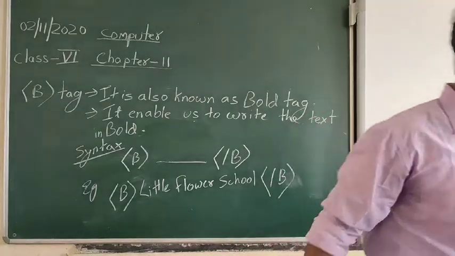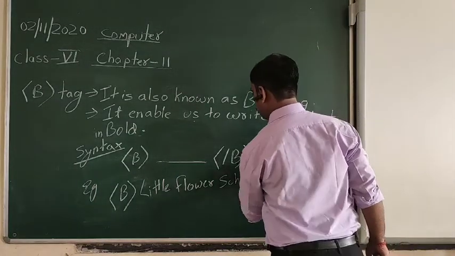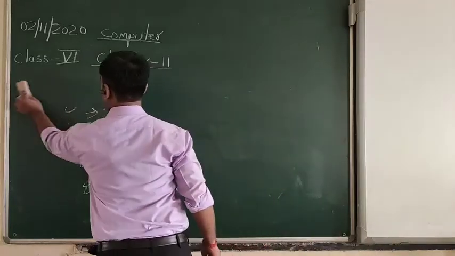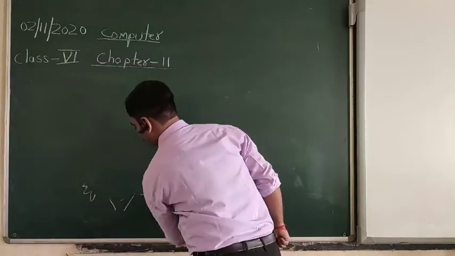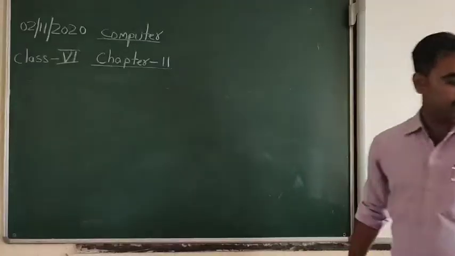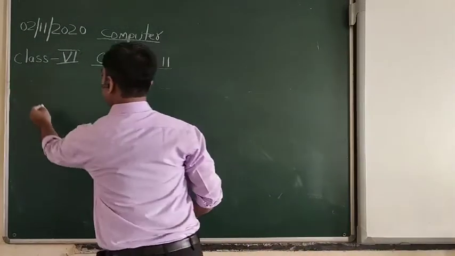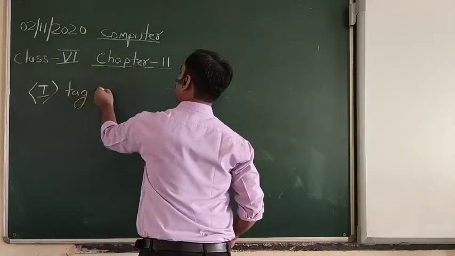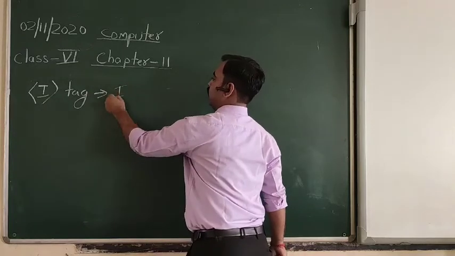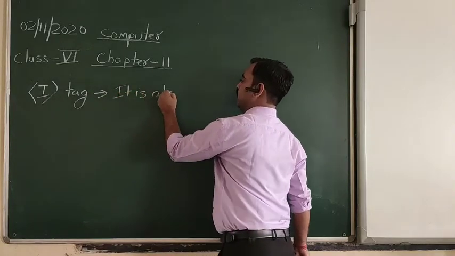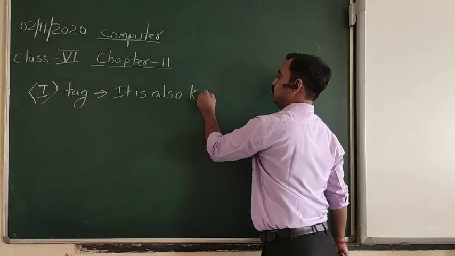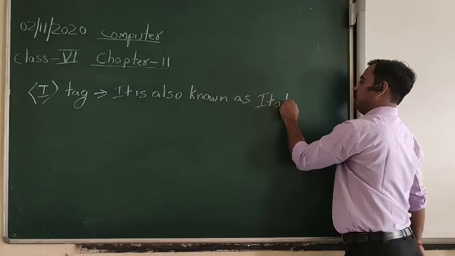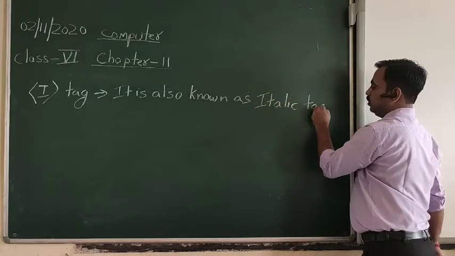Now the next tag is the I tag, or the italic tag. It is also known as the italic tag.